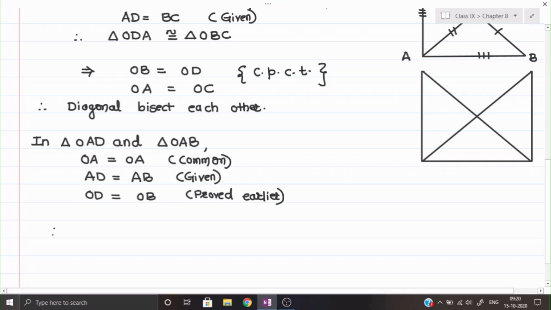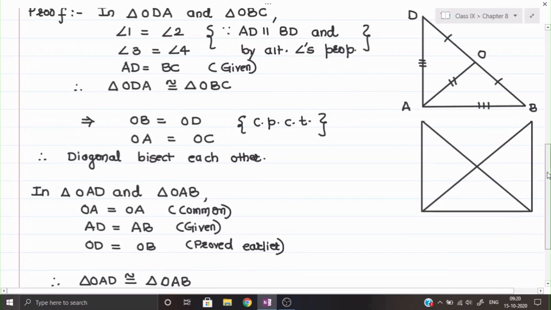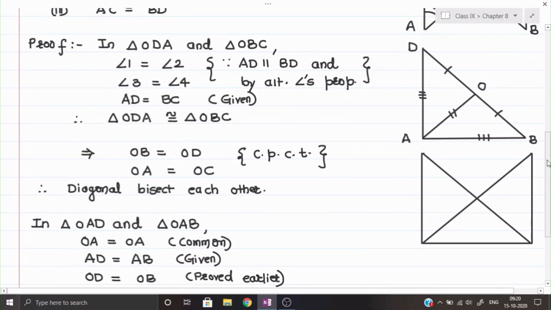So we can say that therefore triangle OAD is congruent to triangle OAB. So we can say these two triangles are congruent. Now if these two triangles are congruent, since I have not drawn the triangle properly, it looks like a one-to-one correspondence, but if you draw it, angle AOD and angle AOB will be corresponding angles in the congruent triangles OAD and OAB.